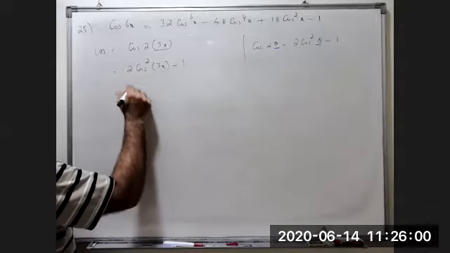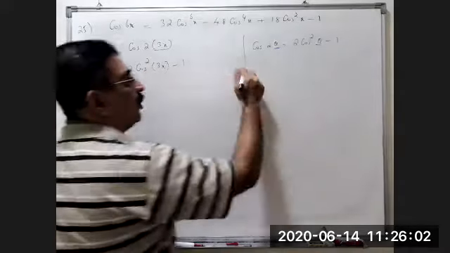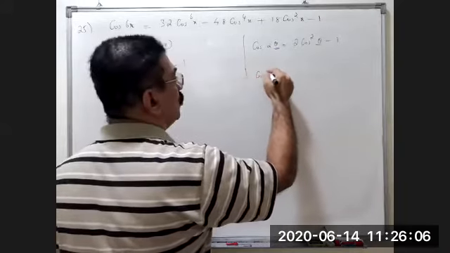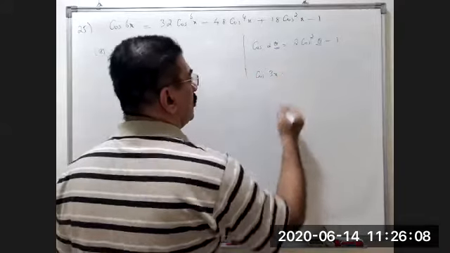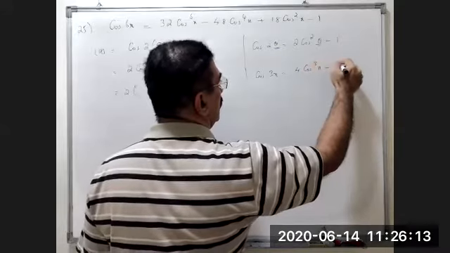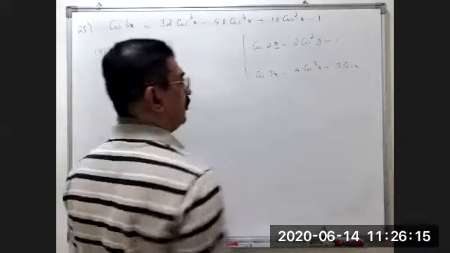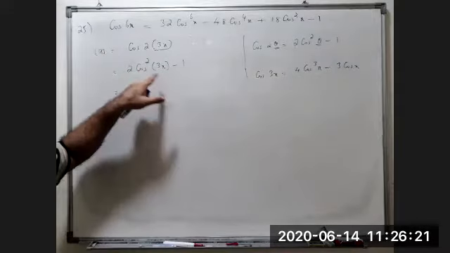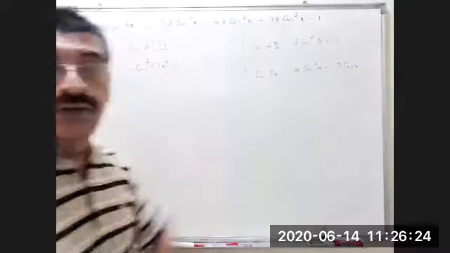2 cos square 3x means the square of cos 3x. And what is the formula for cos 3x? Cos 3x is 4 cos cube x minus 3 cos x. So cos square 3x means the square of this one.